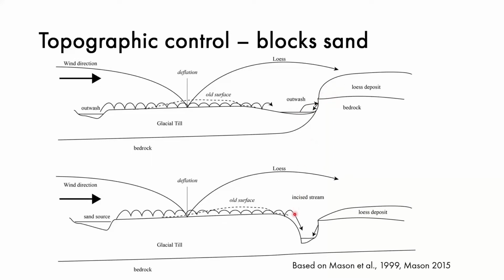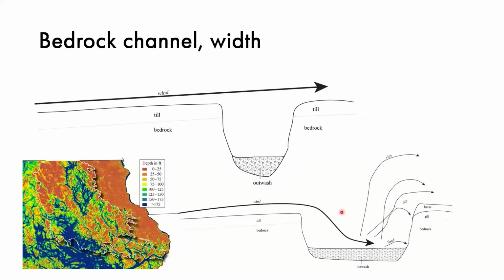The same thing works if you have a deeply incised stream. Wind can't come in and scoop that out, so sand just falls in, and then you get a loess deposit downwind. Joe Mason came up with this model based on work in Nebraska and southern Minnesota. And this is why Iowa is unique, because we have this relationship of glacial advance, bedrock channels, glacial advance forming different bedrock channels.